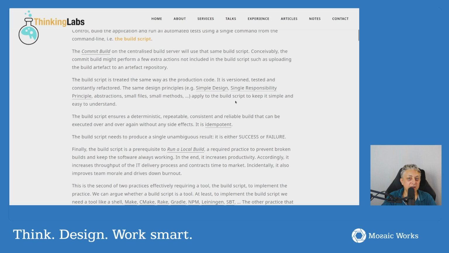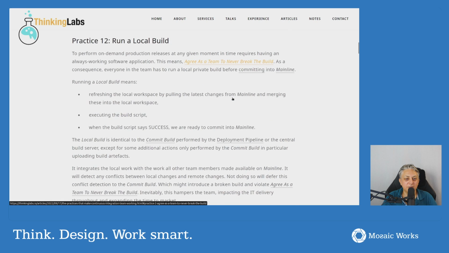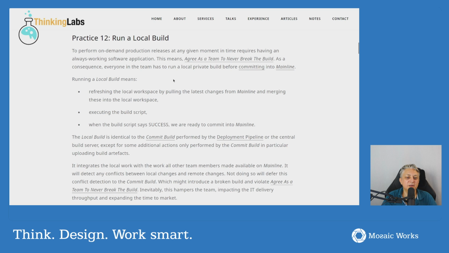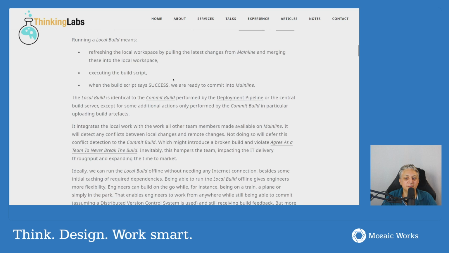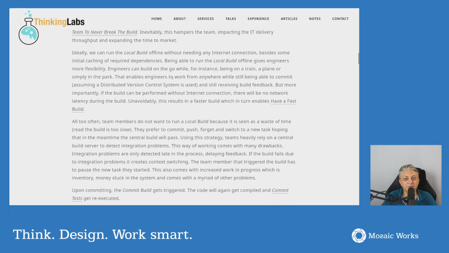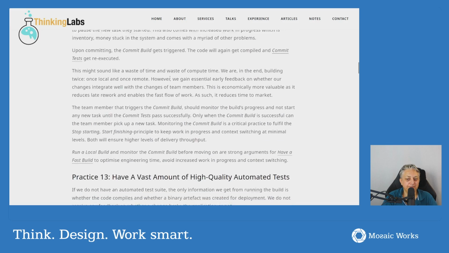And that might include creating images, installing packages, everything. Practice 12, run a local build. Yeah. You need to be able to get the changes, run a local build, make sure things are working. And if you have a script for that, it's easy.